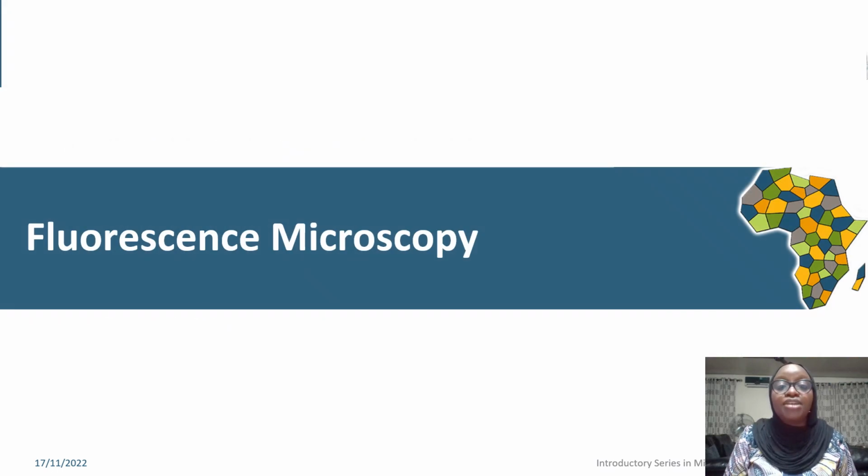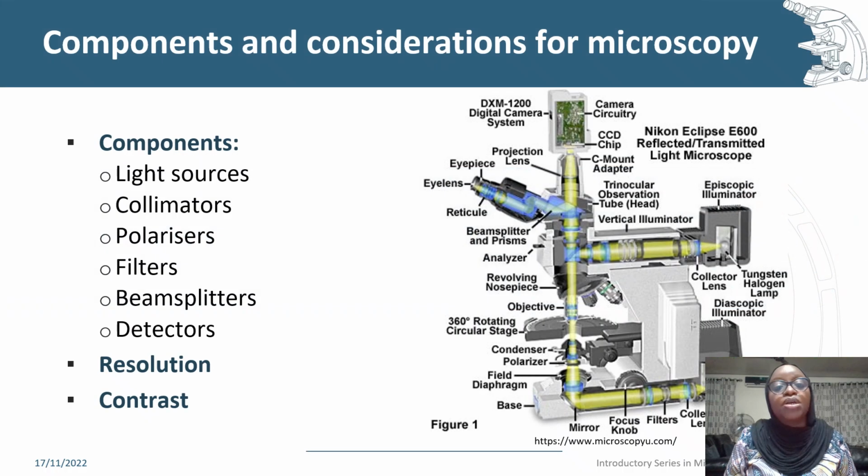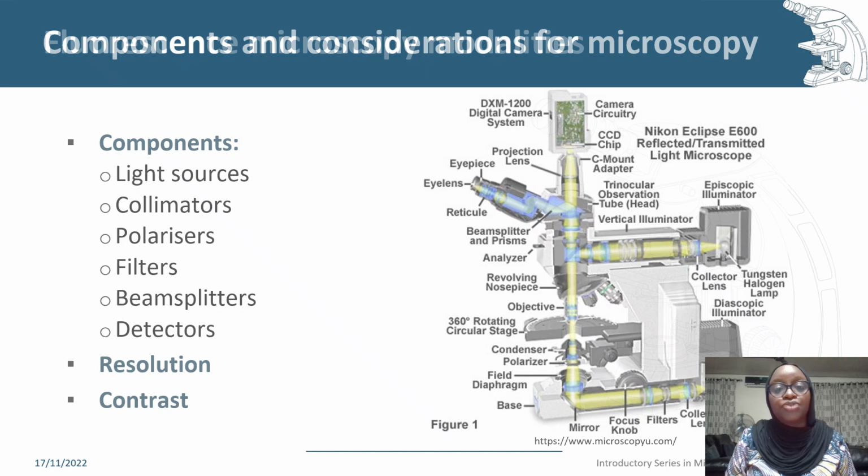Now, fluorescence microscopy itself. We'll talk about it on the surface. It has components and considerations for microscopy, which are similar to other microscopy. The components are light source, collimators, polarizers, filters, beam splitters, detectors, and you also have to take the resolution into consideration and the contrast.